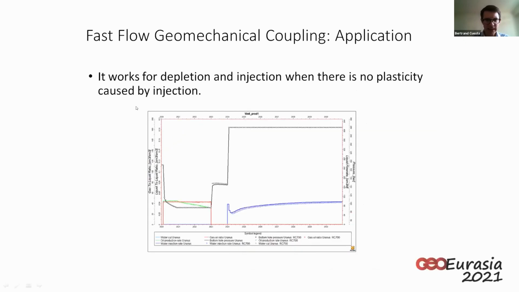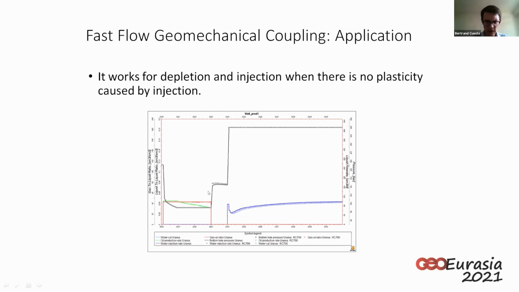I have also applied this methodology to a case where we inject water. This is a case of a well which would initially be a producer, and then after a small shut-in, the black curve is the bottom hole pressure. Initially you see it produce oil and gas, and the bottom hole pressure decreases.